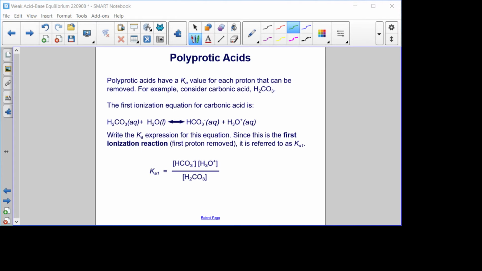For example, consider carbonic acid, H2CO3. The first ionization equation for carbonic acid is H2CO3 in water produces HCO3- and H3O+. Write the Ka expression for this equation.